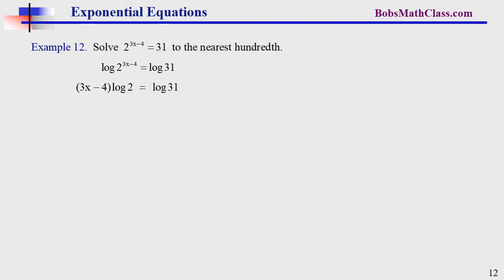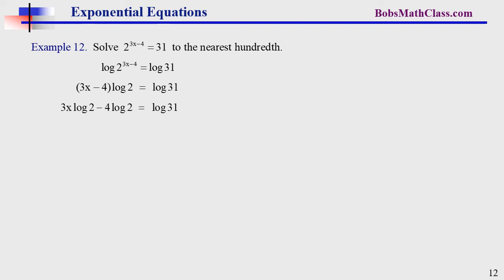So the 3x minus 4 is written in front of log 2. What's next? Right, distribute. So distribute 3x times log 2 and then negative 4 times log 2. All right, good. So you have 3x log 2 minus 4 log 2 equals log 31.